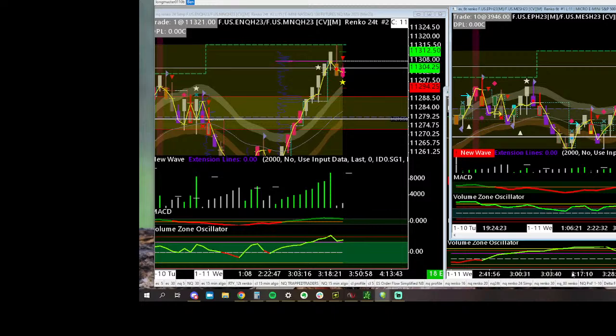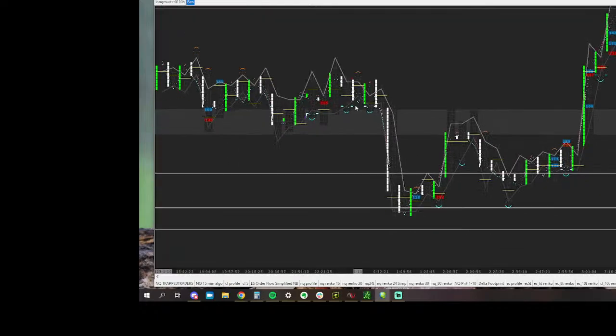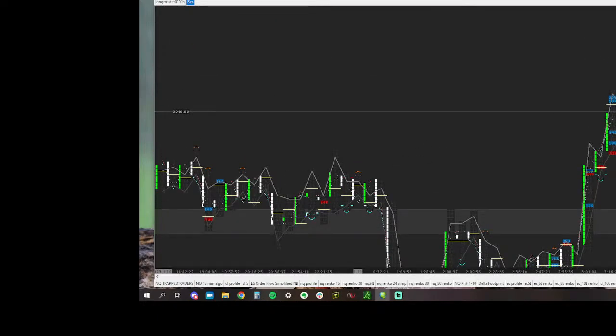Let's see if we trapped anybody on the PNF chart. Uh-oh. We got a big seller that we're going to trap this guy. So we've got this buyer, but then this seller.